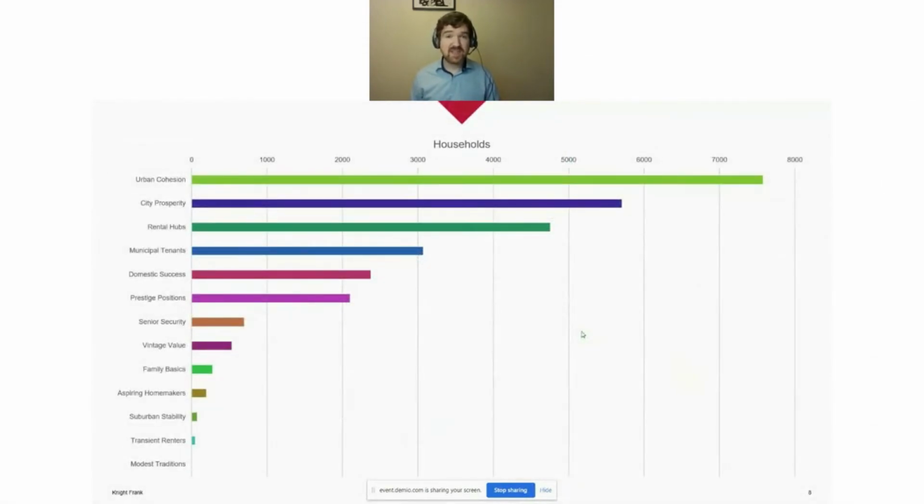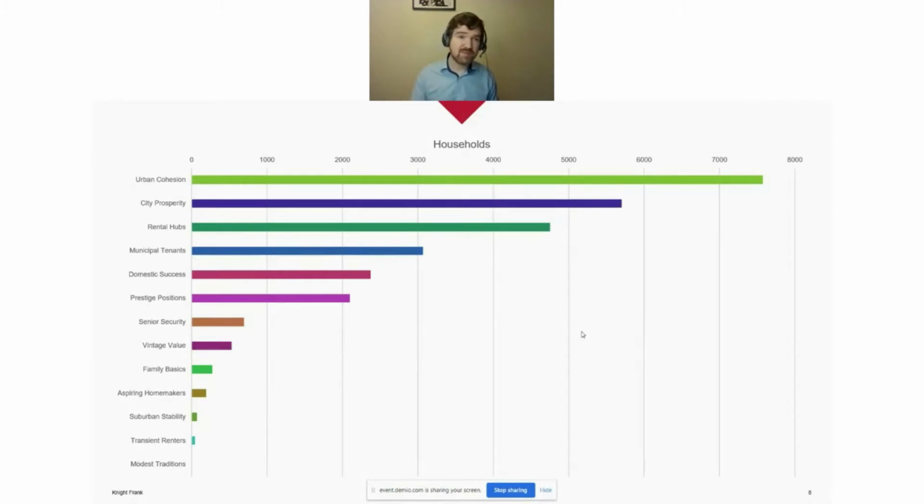So in this particular case, the vast majority of households within 15 minutes of this location fall into one of three categories. So again, if you're familiar with the Experian Mosaic product, you might be familiar with these already, but essentially the majority are urban cohesion, which is Mosaic's classification for kind of multicultural, middle-class urban homeowners.